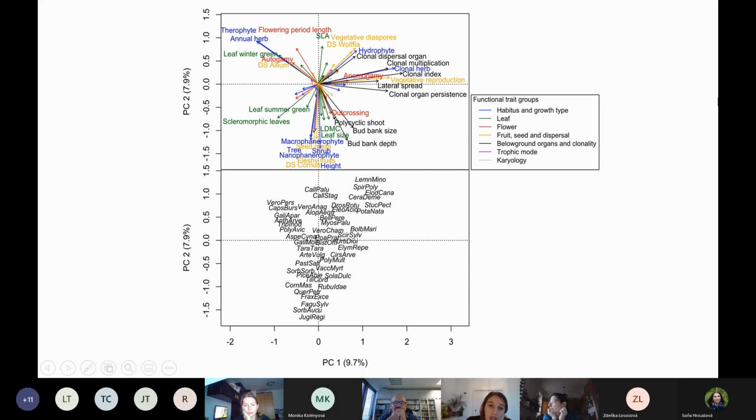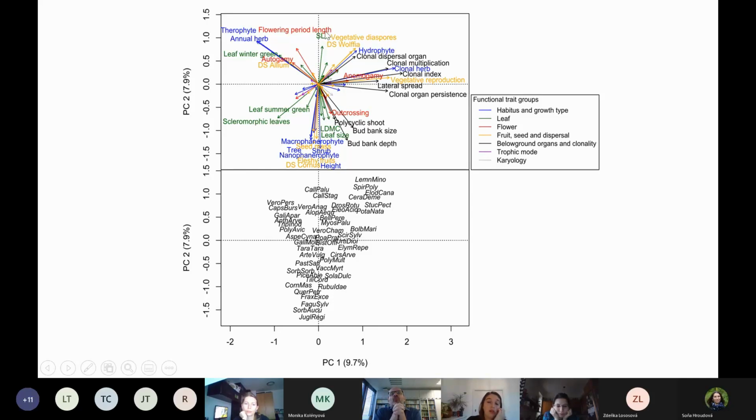So this is the main axis, the main differences in the first axis. And in the second axis, we have the separation between plants by their size. So here we have height, we also have shrubs and trees, macrophanerophytes, and here we have the smaller plants. Here also in the second axis we have the leaf economic spectrum, having SLA in the positive value and LDMC.